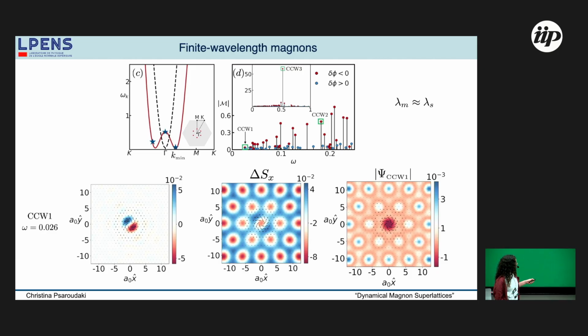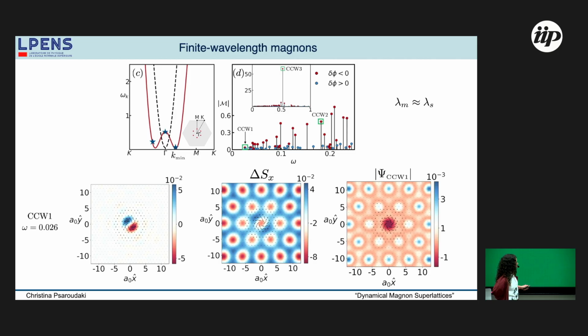So the modes that live down here. Then we found a number of these localized modes, and here we plot the amplitude of the in-plane dipole moment. The red dots are the amplitude of the magnetic moment for counterclockwise modes. The blue is for clockwise modes. And here we just denote the lowest lying mode. This is very close to the magnon gap.